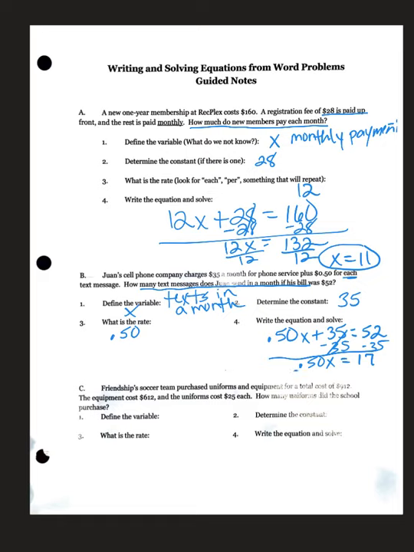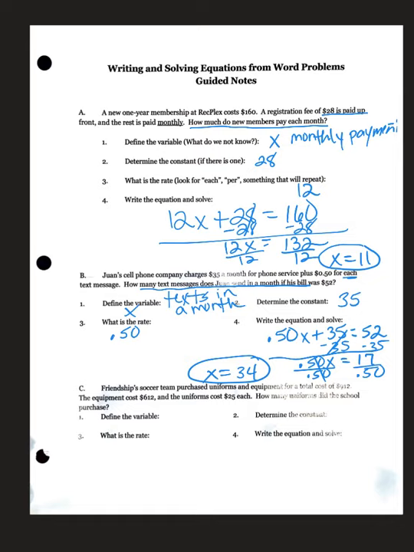And when you divide, you find out that x is 34. And we know x is our variable, what we didn't know, which is the number of texts. So that particular month, Juan sent 34 texts.